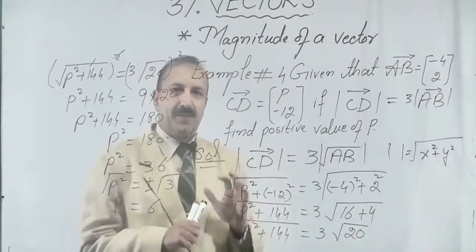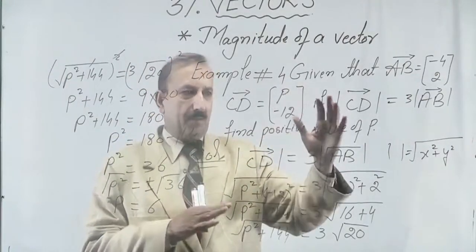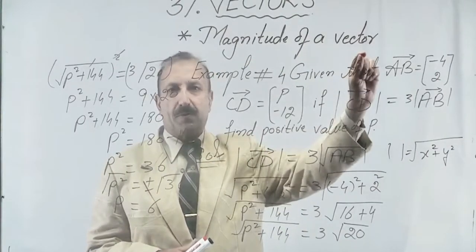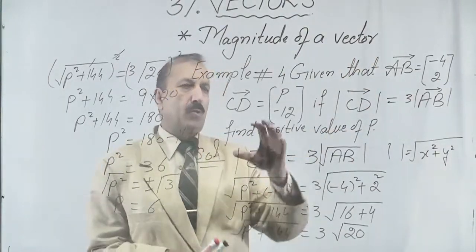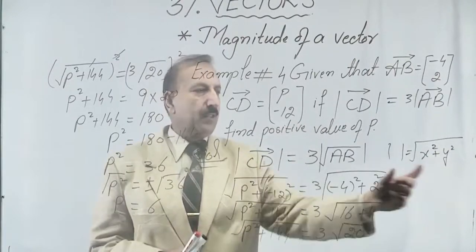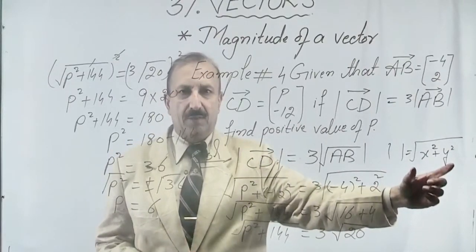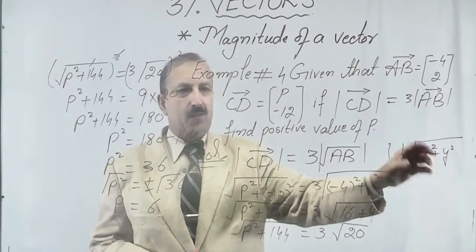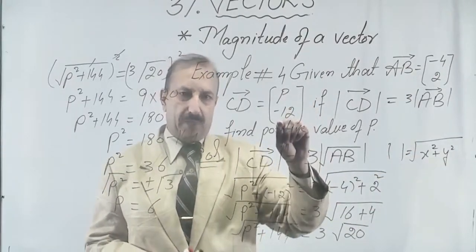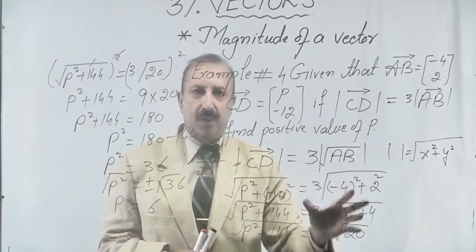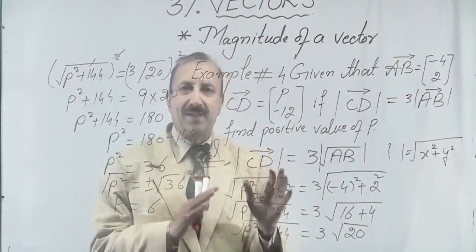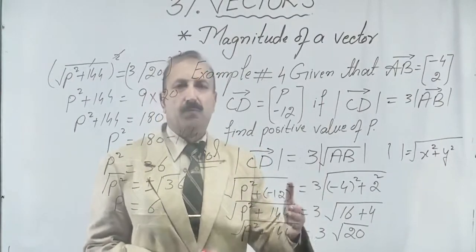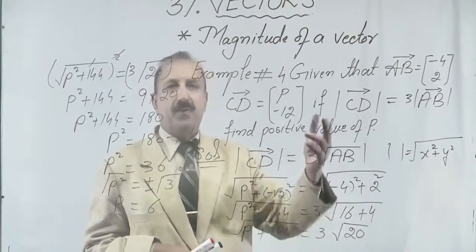My dear students, the last two examples were applications of the magnitude of a vector. This sort of question is handled with the use of the basic formula related to the magnitude of a vector. We plug in the values of the components of any vector, and then carry on the calculation. That might be to find the magnitude directly, or with the help of the magnitude we might need to find some unknown values.